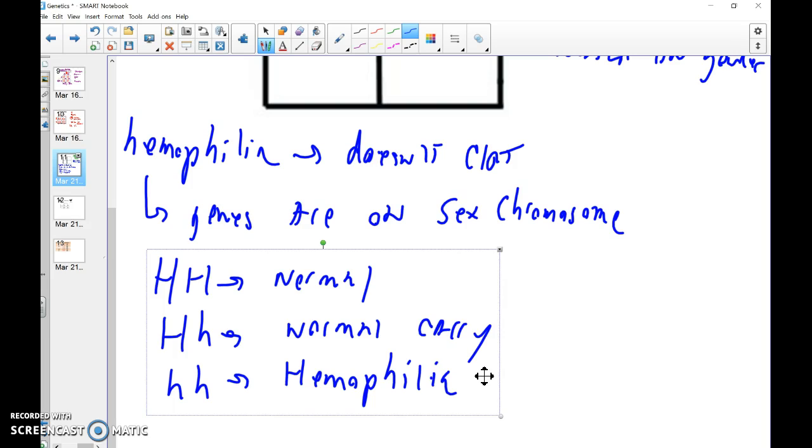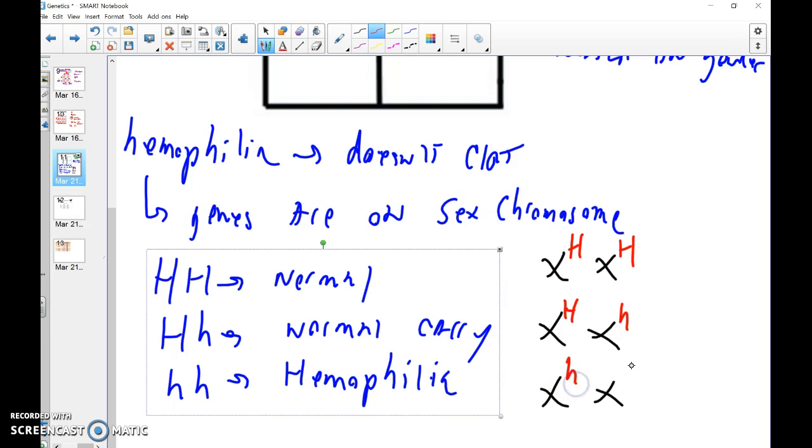So if you're a female, you're XX. You can carry a big H and a big H, one on each of your X chromosomes. You could carry a big H and a little h, one on each of your X chromosomes. Or you could carry a little h and a little h, one on each of your X chromosomes.